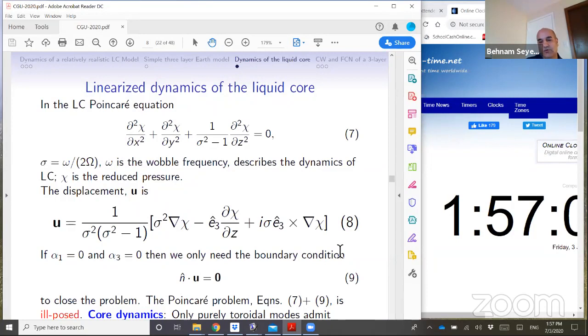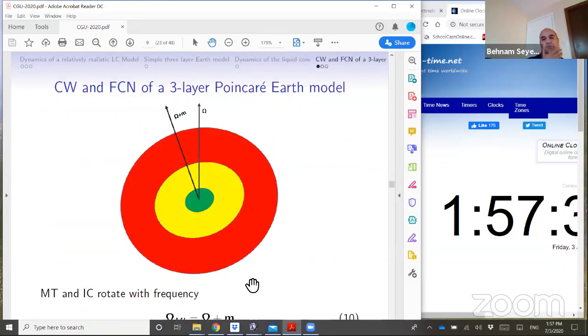This is actually an ill-posed problem, in the sense that this equation is an initial value problem, but it is subject to boundary conditions. And only toroidal modes survive if we consider this situation, n dot U equal to 0. That means, of course, we are considering rotation. We want to show that that's not true for the core modes, or rather the wobble modes, which are, of course, also core modes as well.